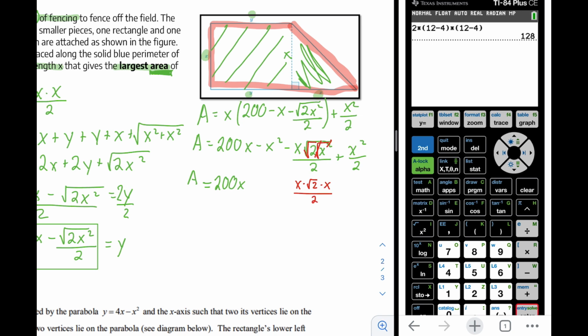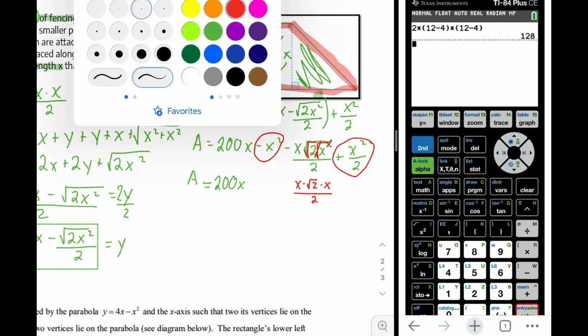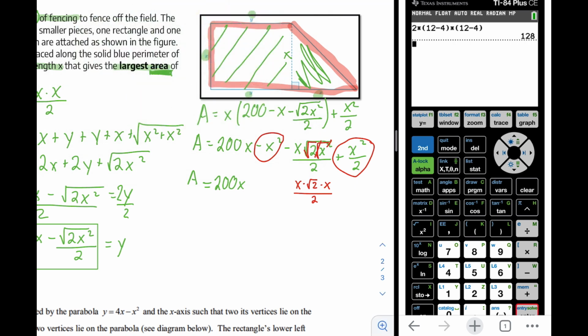And then I can add negative x squared plus a half x squared. And that's going to be negative x squared divided by 2. And now I'm ready to differentiate.